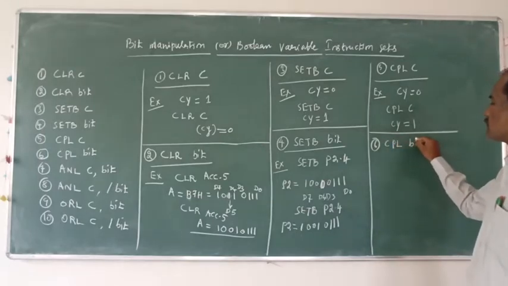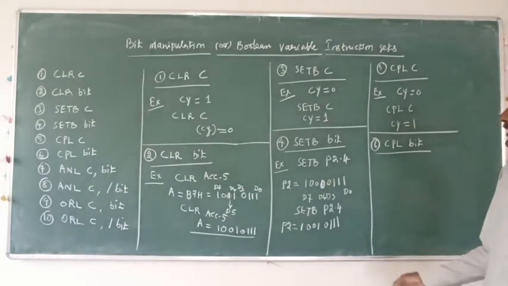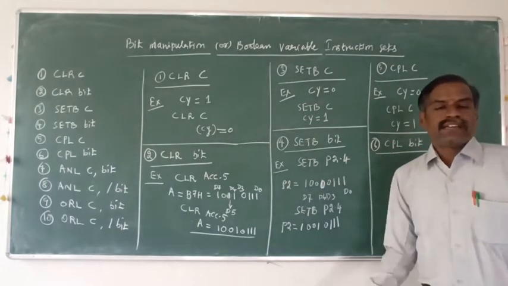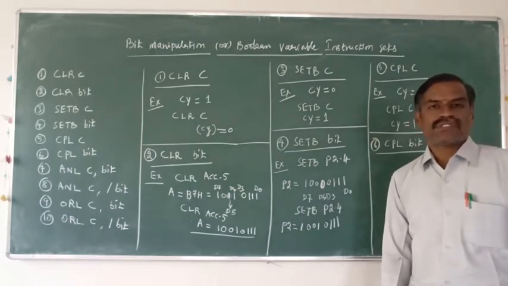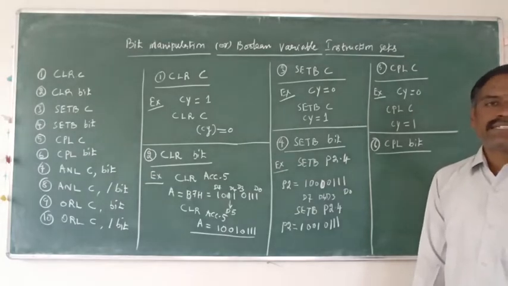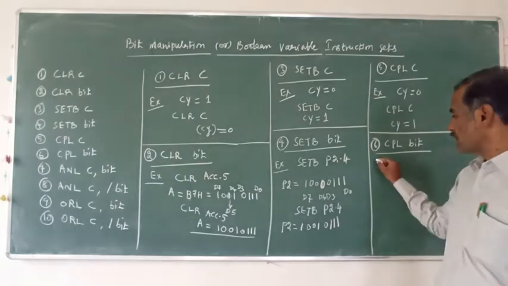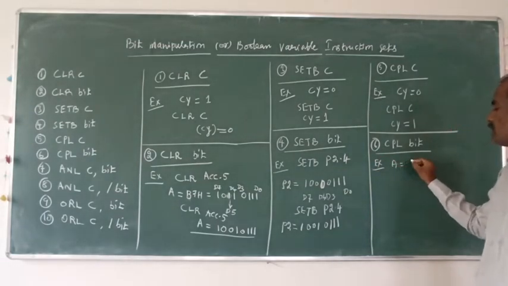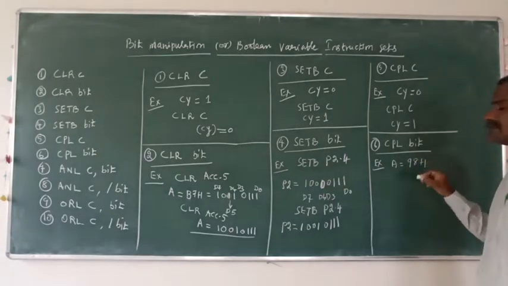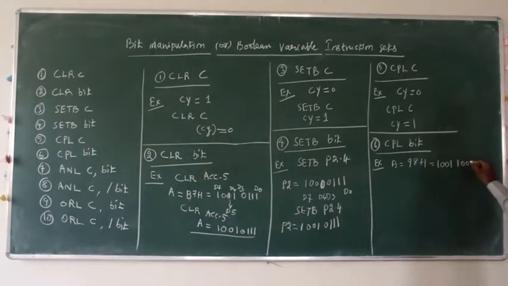And sixth one, CPL bit. This is to complement a particular bit. Suppose the accumulator's third bit is 0, it will change into 1. Example, accumulator 98H. 98 means 1001, 8 means 1000.